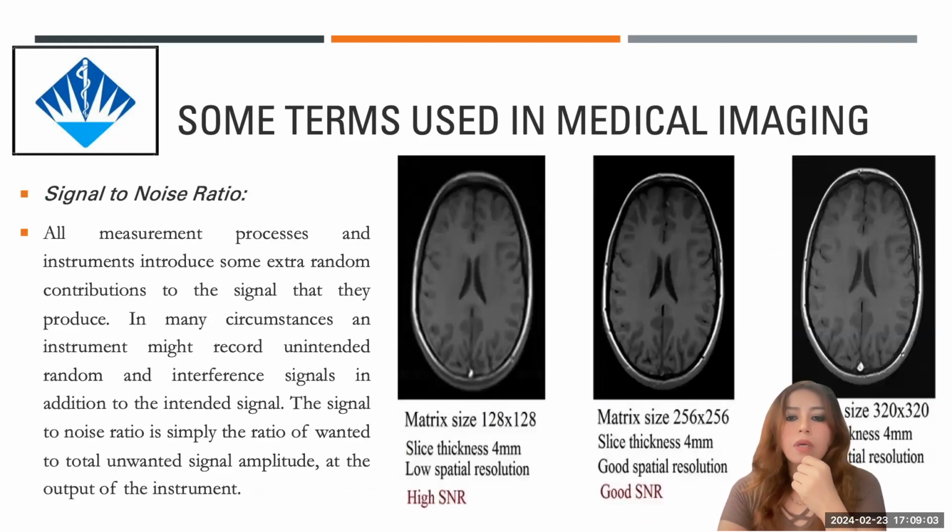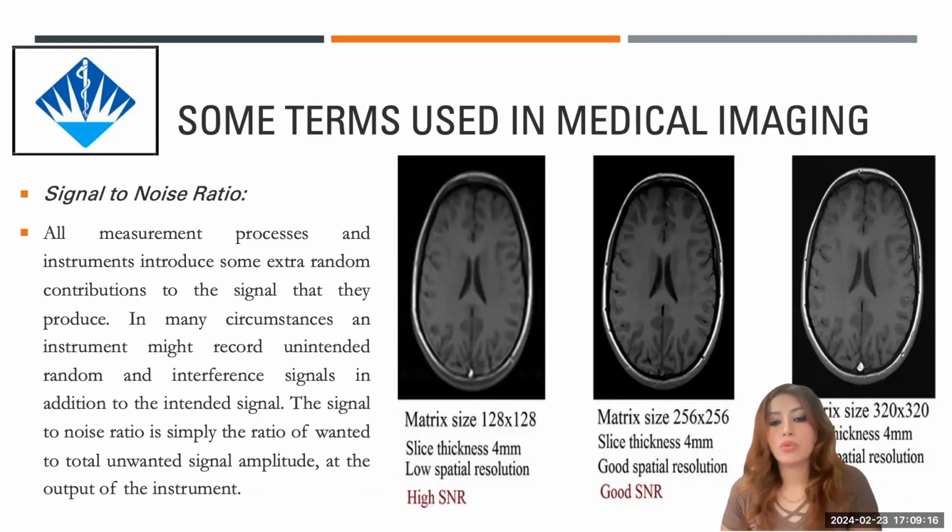Another thing, signal-to-noise ratio. All measurement processes and instruments introduce some extra random contributions to the signal that they produce. In many circumstances, an instrument might record unintended random and interference signal in addition to the intended signal. The signal-to-noise ratio is simply the ratio of wanted to total unwanted signal amplitude at the output of the instrument.